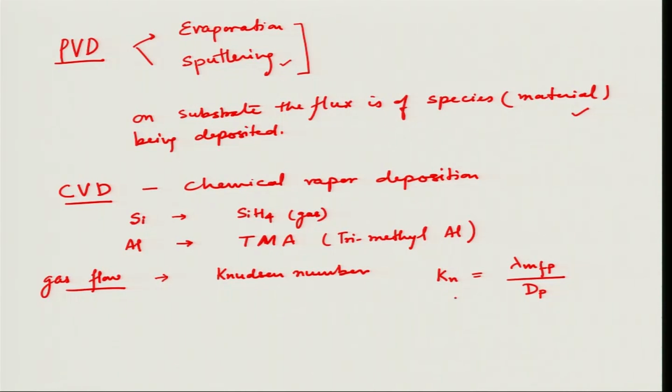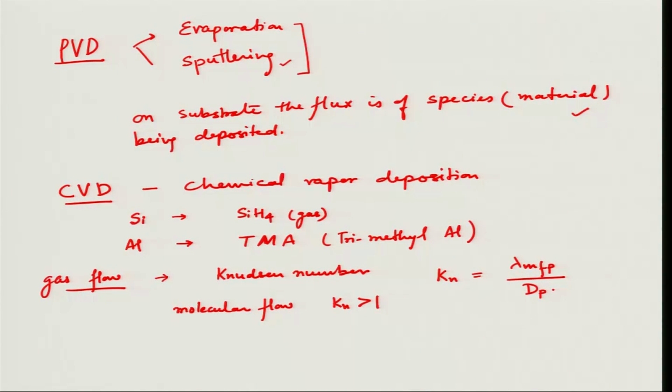Based on the Knudsen number, flows are defined into 3 different regimes. One is called molecular flow, where the Knudsen number is more than 1. You can see that if the Knudsen number is more than 1, it means the mean free path is more than the dimension of the system.